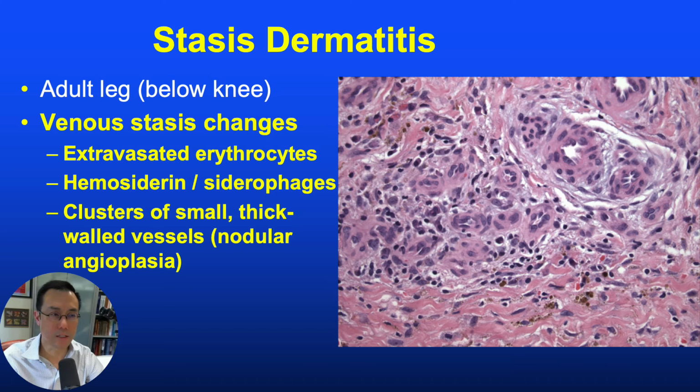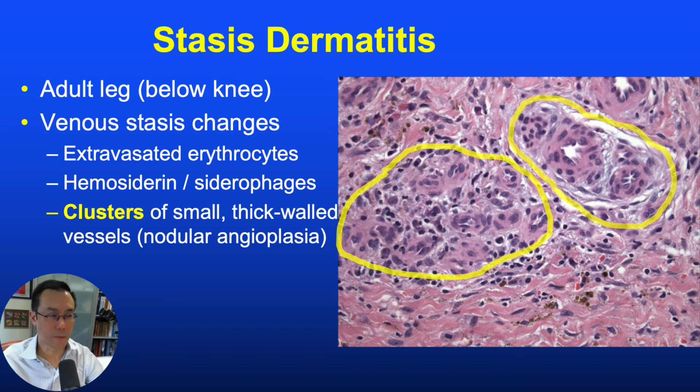So in addition to the somewhat restrictive clinical setting, histologic features of venous stasis include a combination of findings that taken together are distinctive: extravasated red blood cells, subsequent deposition of hemosiderin and siderophages, and most characteristically the vascular changes and vascular pattern in venous stasis, which is characterized by clusters of small, slightly thick-walled vessels. The term nodular angioplasia has been used by some.